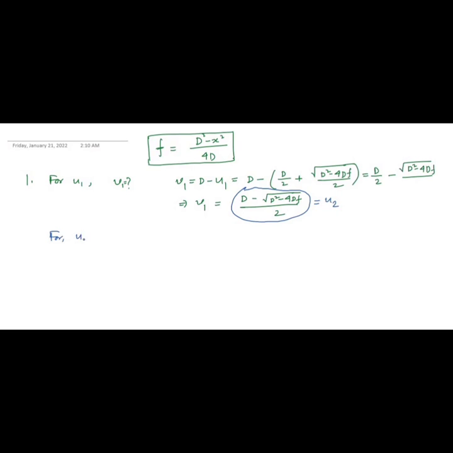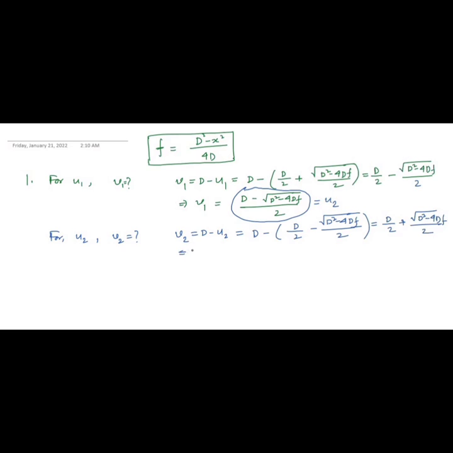Okay. Now look at this. For u2, if I want to find out the value of v2 here, what is v2? v2 is equal to d minus u2. So this is equal to d minus, what is the value of u2? d minus d by 2 minus root of d square minus 4df upon 2, and that gives us the value of d by 2 plus, this is 2 here, I missed it, root of d square minus 4df upon 2.